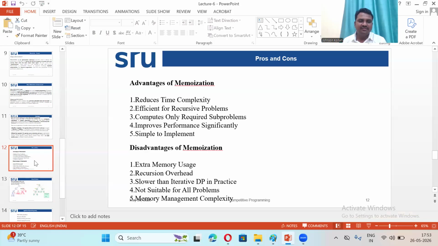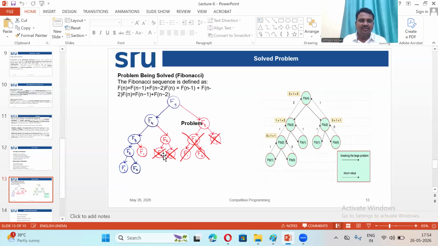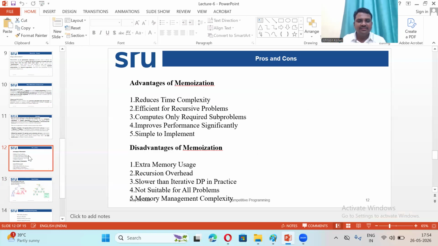Then what are the disadvantages of memoization? It requires extra memory usage. Why extra memory usage? You can see here, we are avoiding these calls, but memory is used for F1, F0, F2, F1, F0. We avoided the computation, but memory is extra usage. Then recursion overhead. When the recursions are many, that will be overhead.